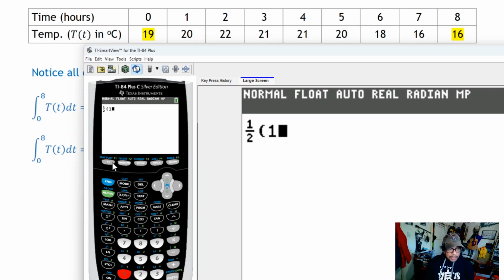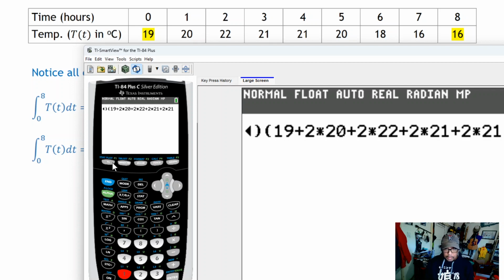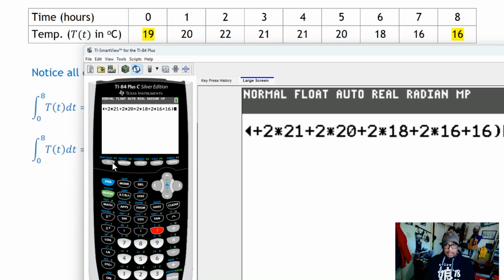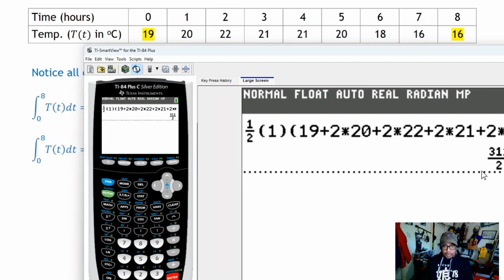Our delta t is 1. We're going to do 19 plus 2 times 20, and then all the way down the line to the very last 16, and we get 311 over 2.